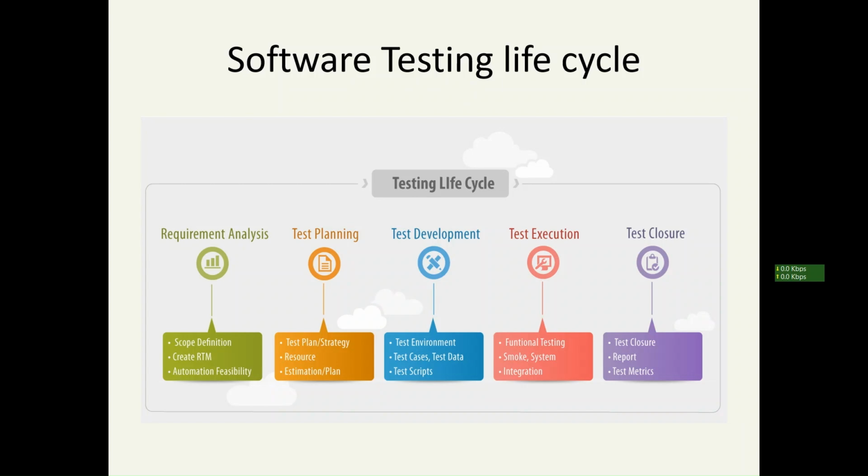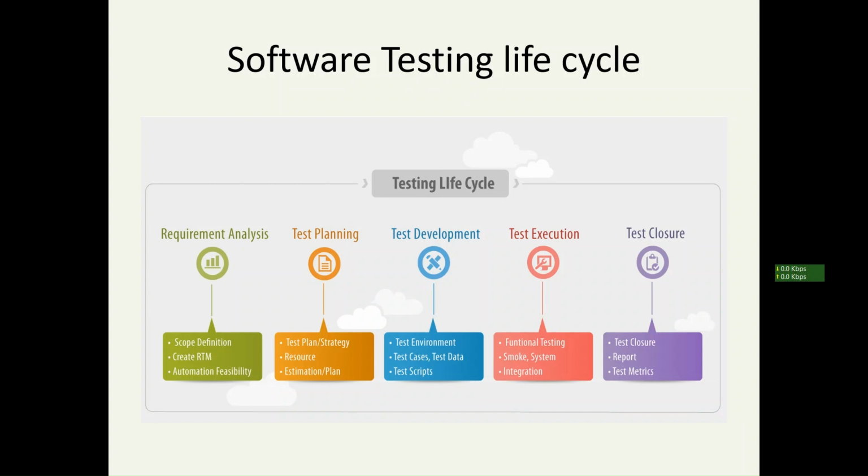We already saw the software development life cycle. In the software development life cycle, there is one phase called the testing phase, which we are getting into in very detail here. Generally, the software testing life cycle has five phases. One is requirements gathering and analysis. Next is test strategizing and planning.